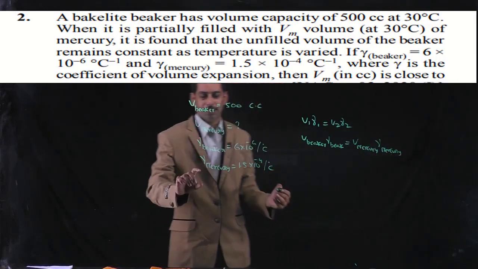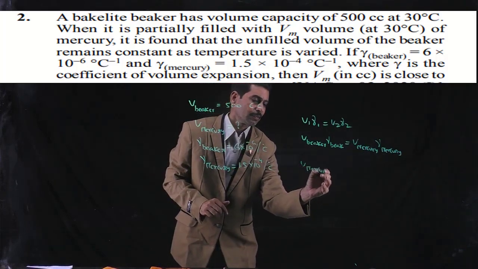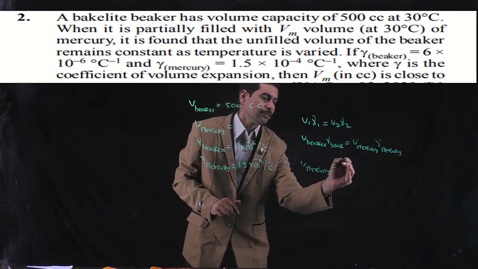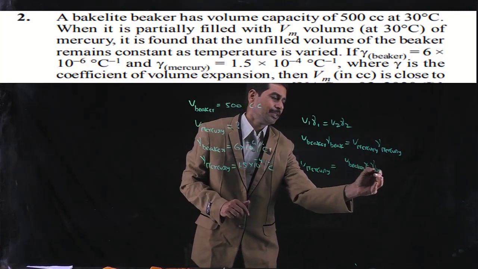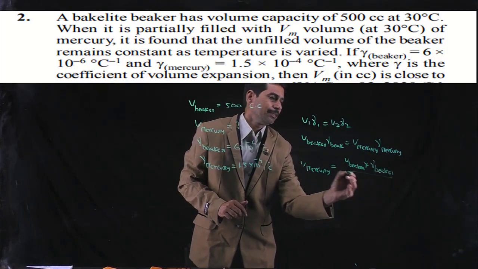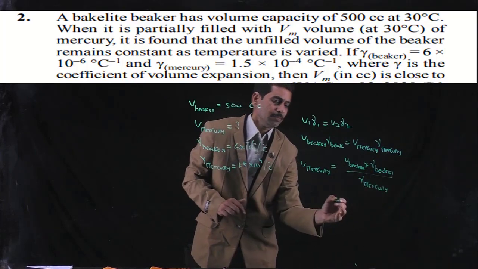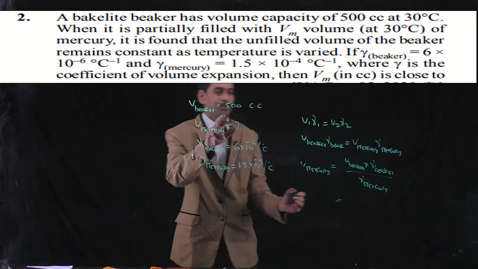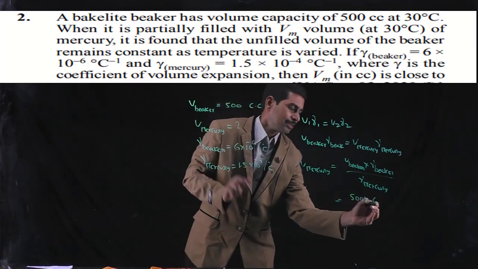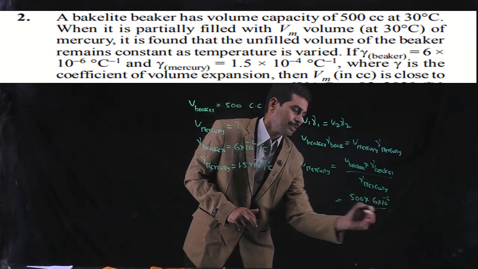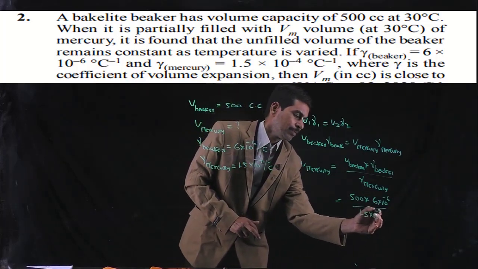So the volume of mercury is nothing but volume of beaker into gamma of beaker divided by gamma of mercury. Substituting these values, the volume of the beaker is 500, gamma of beaker is 6 into 10 power minus 6 and gamma of mercury is 1.5 into 10 power minus 4, which can be written as 15 into 10 power minus 5.